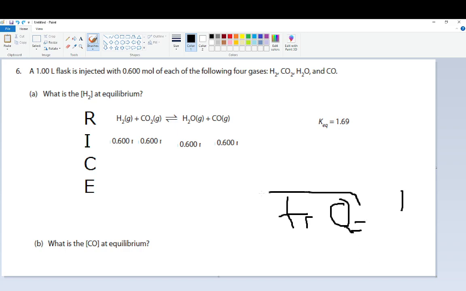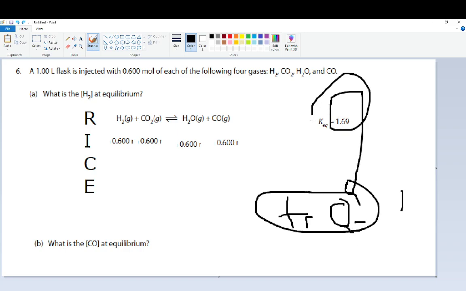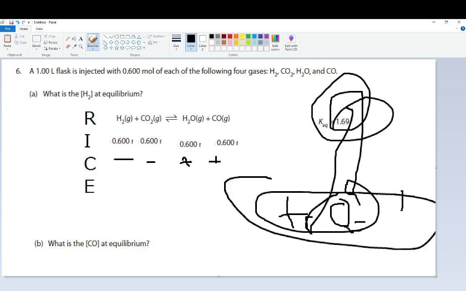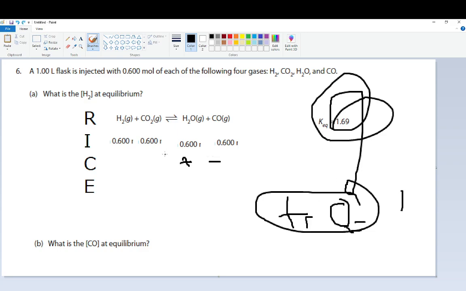So I'll say it again. When your trial Q ends up smaller than the actual KEQ, products must go up. Plus sign must be on this side. Minus side must be on this side. When your trial Q is bigger than the actual KEQ, then reactants must go up and products must go down.